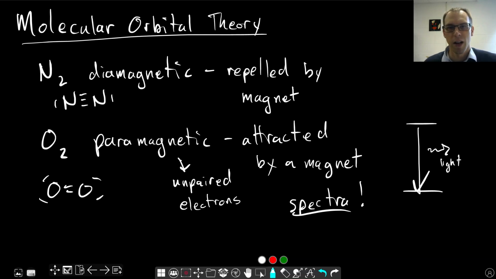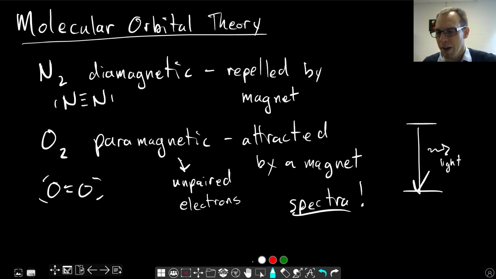And the spectra can't be explained with valence bond theory or just by the shapes of the molecules alone, but we also need to understand what the different orbitals are in terms of the molecule. So that's why this theory is necessary, and it really builds on the ideas of quantum mechanics that we talked about, just like valence bond theory does as well.